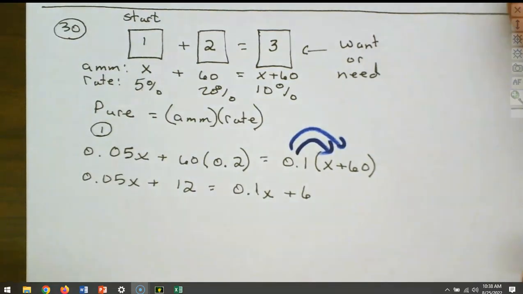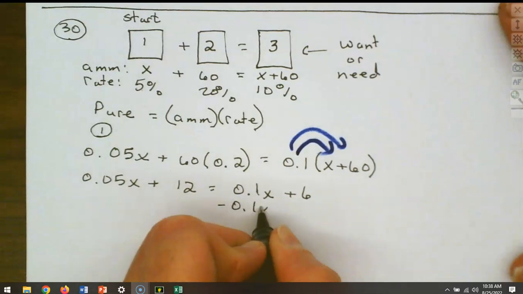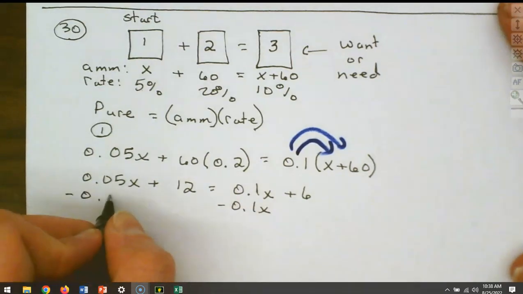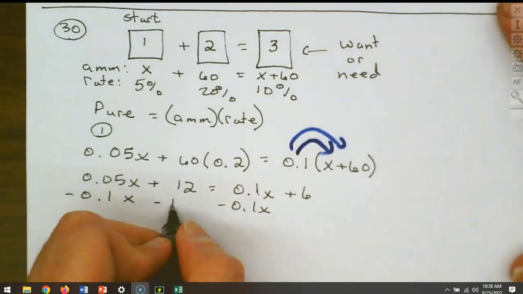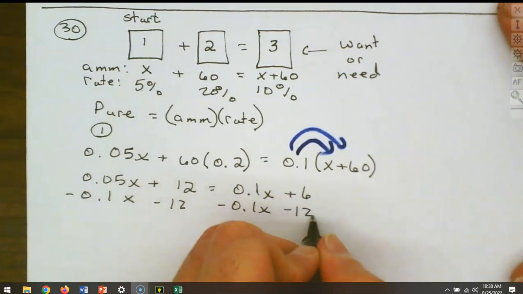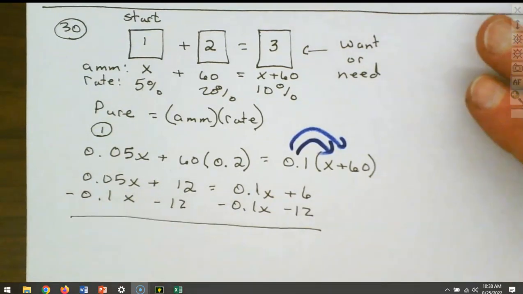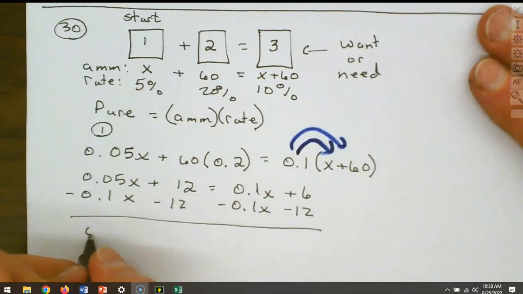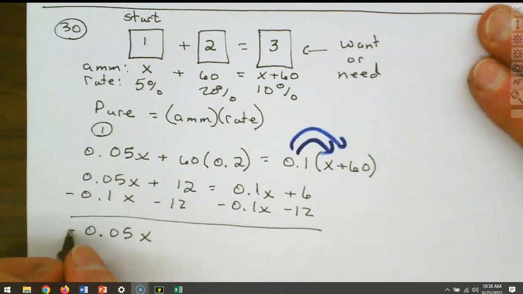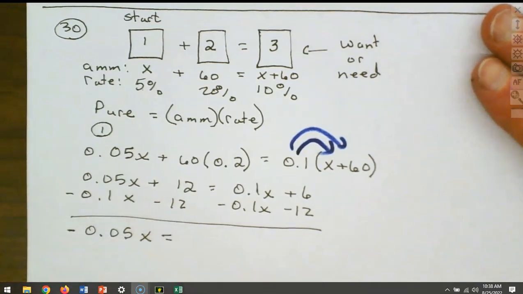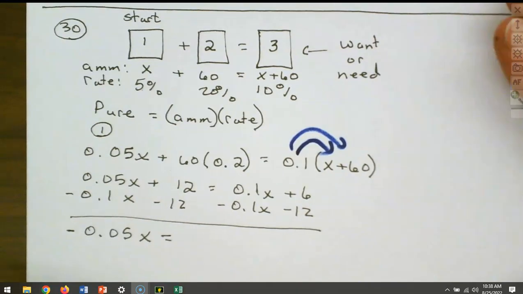Combine. So move over that 0.1x. And move that 12 over. Put those together, and we get 0.05x, and it's going to be negative, because we subtracted here. The 12s can cancel. The 0.1x's can cancel.